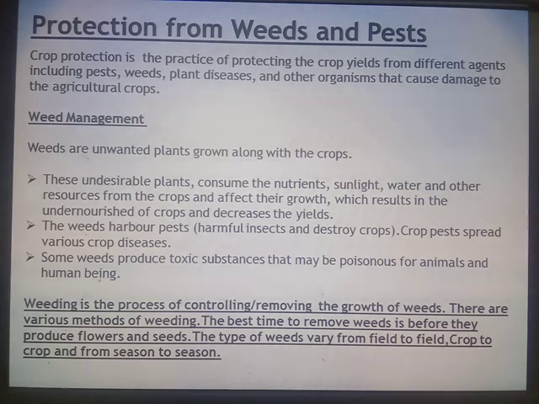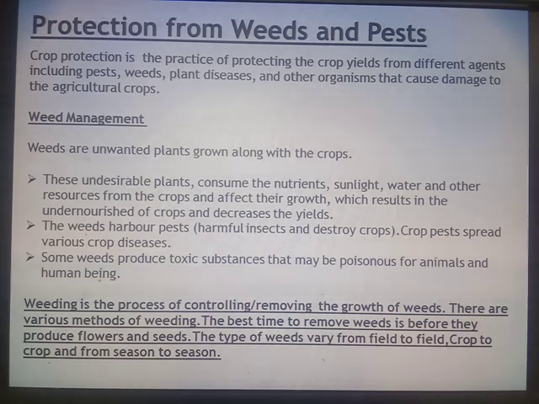So where will they take these things from? They will share these nutrients, water, etc. from the crop which is grown in the field. So that means they take their share and affect the overall production of the crop. The weeds harbor pests. Harbor means to give shelter.